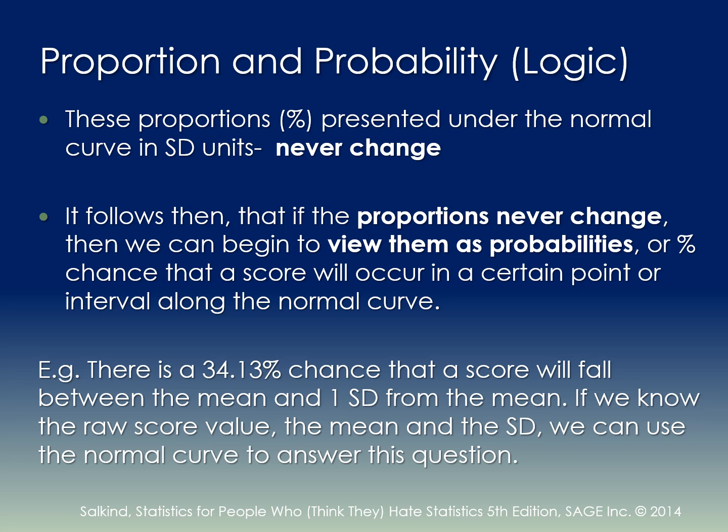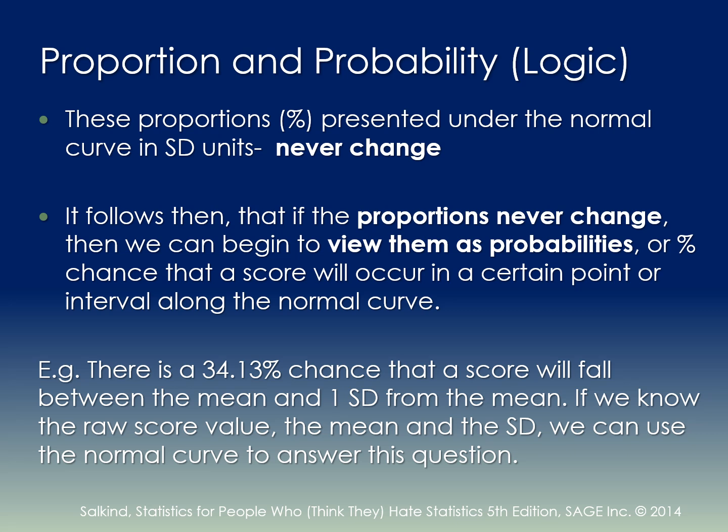So here's another way to describe it. In the example below, there's a 34.13% chance that a score will fall between the mean and one standard deviation from the mean, whether it's above or below. Remember, the normal curve is symmetrical. If we know the raw score value, the mean, and the standard deviation, we can use the normal curve to answer that question.